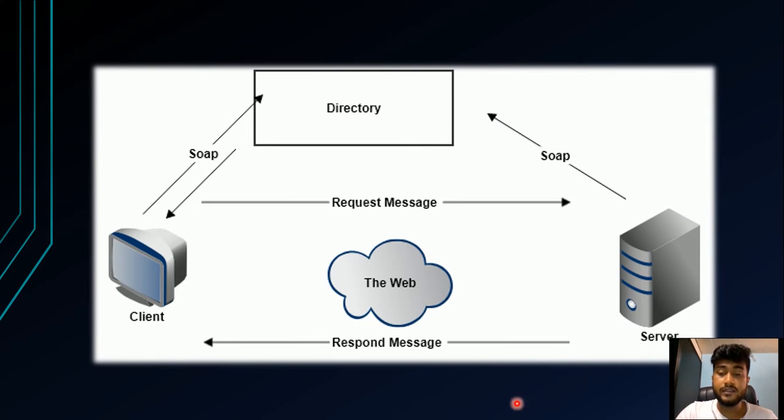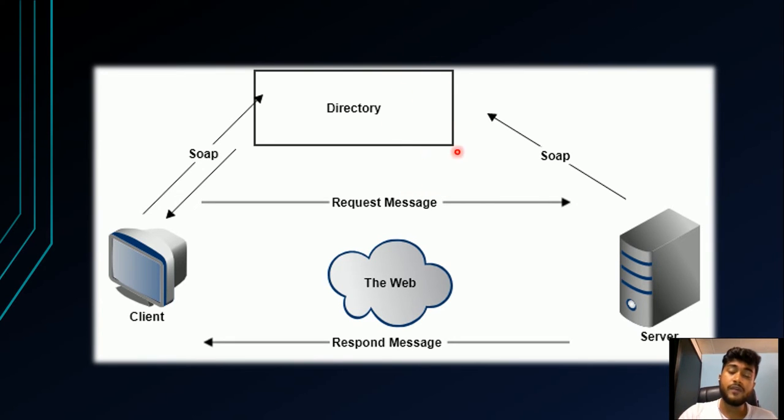In this diagram we can see that there's a server, there's a client, there's a request message, and there's a response message. And in this directory, the server keeps all the services it can provide.